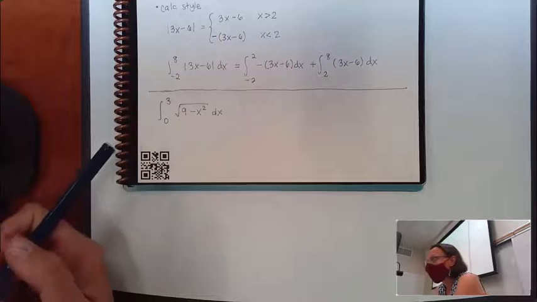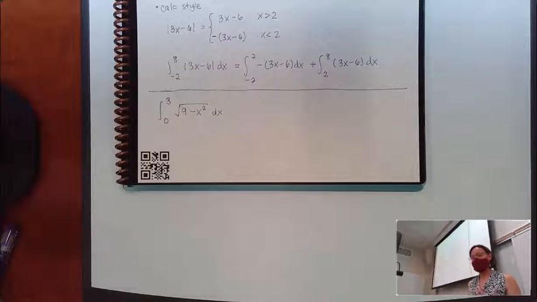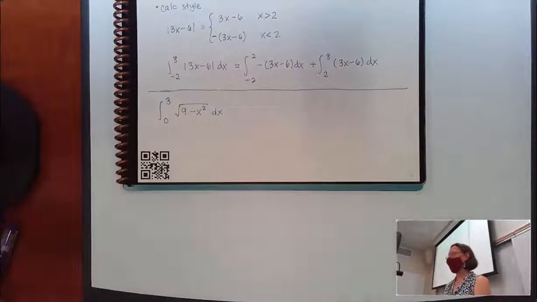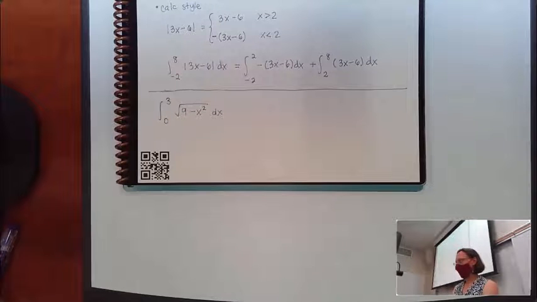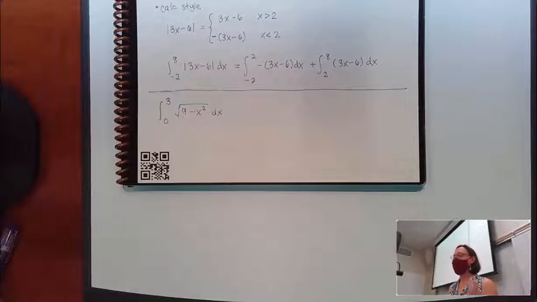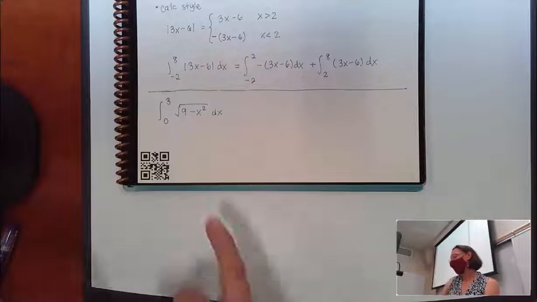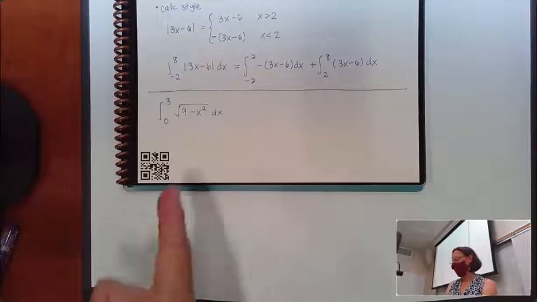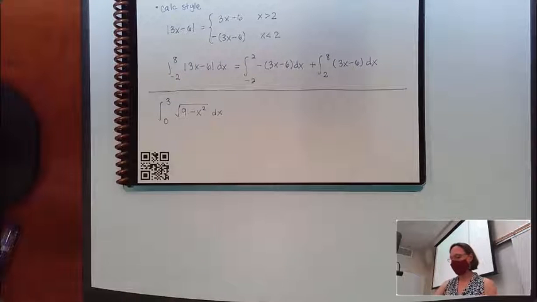Now we might think that we can integrate it, right? Because I can rewrite that as like 9 minus x squared raised to the 1/2 power. The problem is the x squared inside. I would have to have a u substitution to make that work. So if there were an x out in front, then I could integrate it. But this thing, I can't integrate.